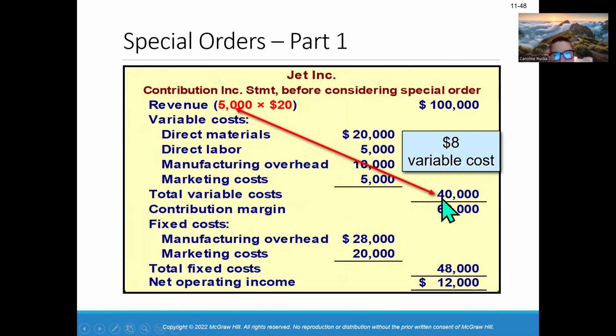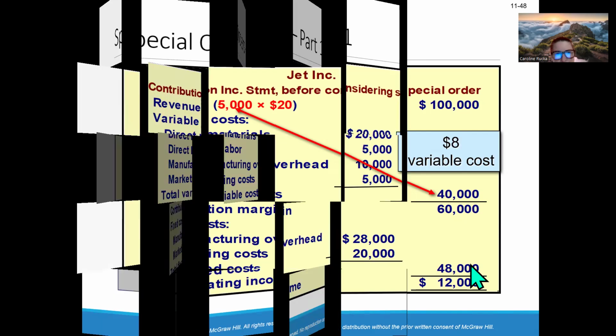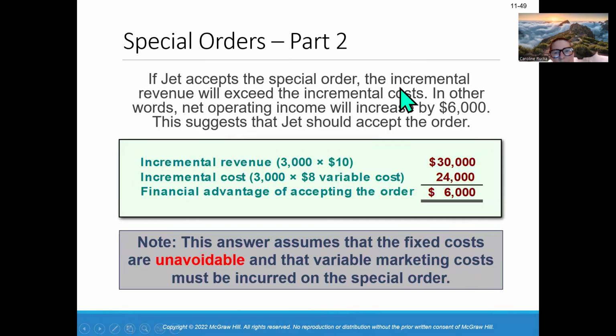Here's our regular revenue. If Jet accepts the special order, the incremental revenue will exceed the incremental costs. In other words, the net operating income will increase by $6,000. This suggests that Jet should accept the offer.